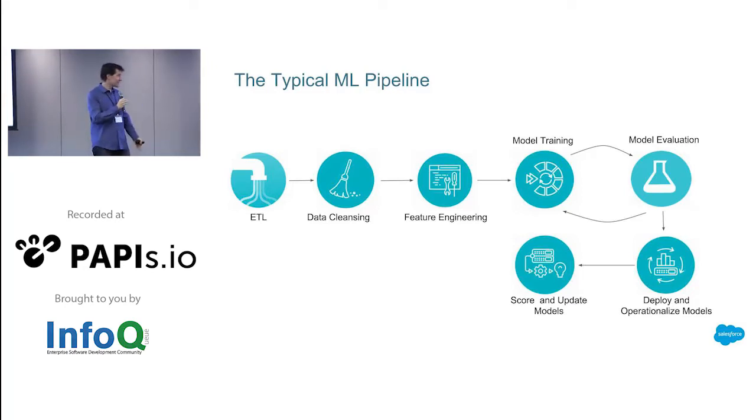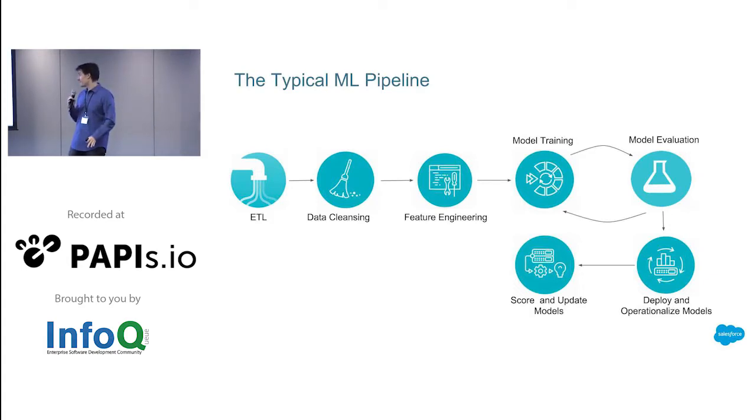There's of course the training of that algorithm. There's usually a feedback loop where you train a bunch of models, evaluate them, pick the best one for your purpose. Maybe have that feedback into feature engineering, change some of your feature engineering steps, etc. You then have to deploy your models and actually serve scores. And then provide a mechanism for updating the model as more training data comes in, and maybe rolling back models if things fail.